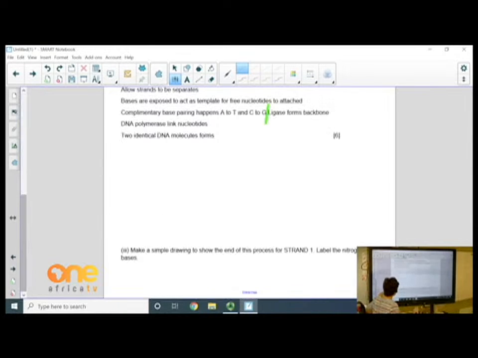Make a simple drawing to show the end of this process for strand 1. So there I just link them.